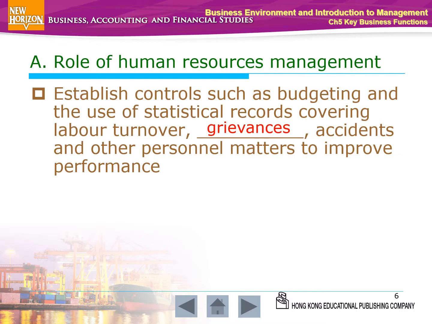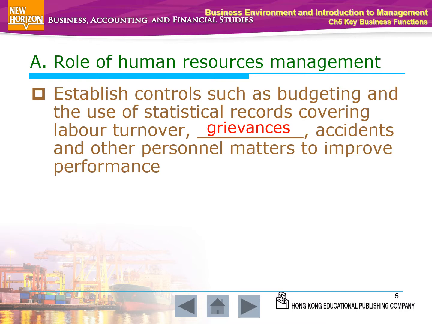If the turnover rate is very high, it means there must be some problems in the organization which cannot keep the labor doing the job in the company. So the HR department will try to study the turnover rate to keep the turnover rate as low as possible.